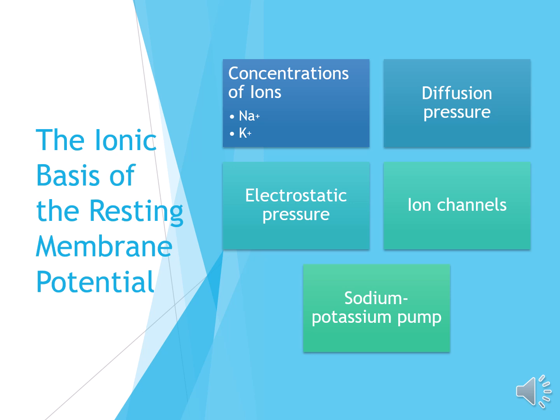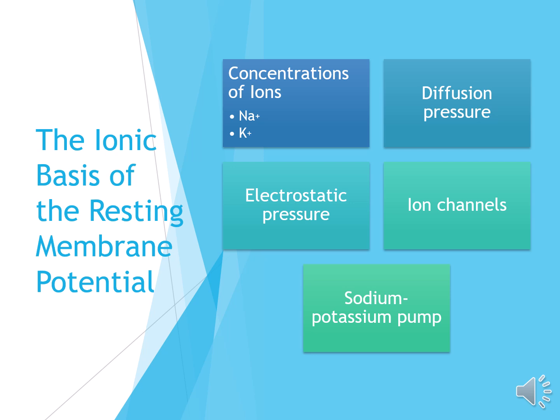Back in the 1950s, the neurophysiologists Hodgkin and Huxley provided the first evidence that an energy-consuming process is involved in resting potential. Active mechanisms in the neural membrane continuously transfer Na+ ions out of the neuron and K+ ions into the neuron.